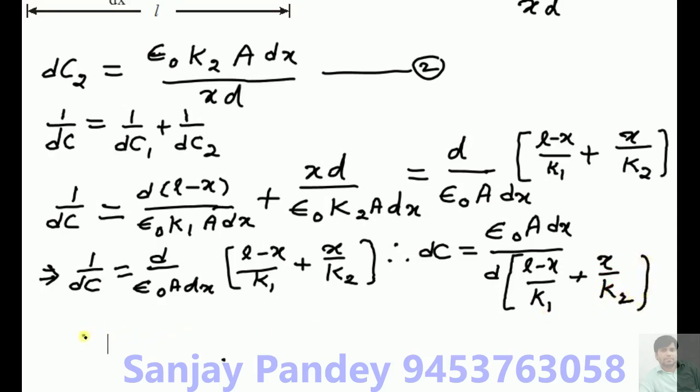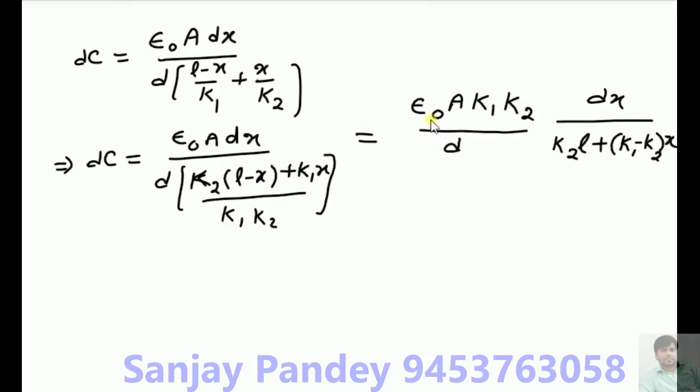That is, dC is equal to epsilon naught A dx, which is equal to epsilon naught A K1 K2 upon D dx upon K2 L plus K1 minus K2 into x.